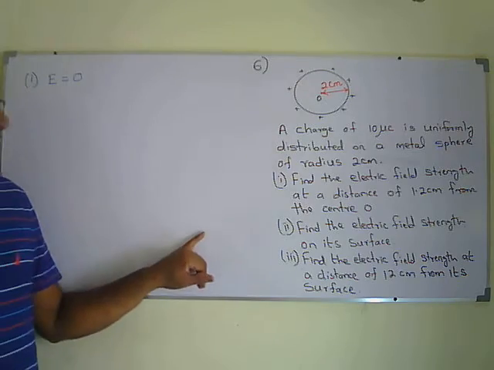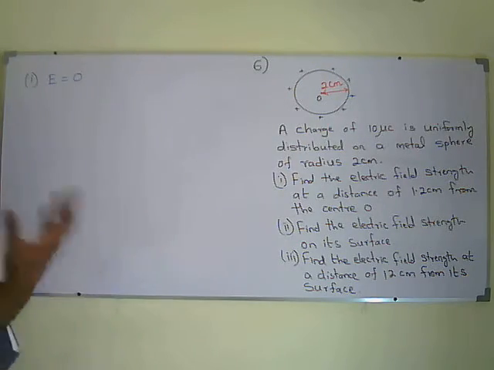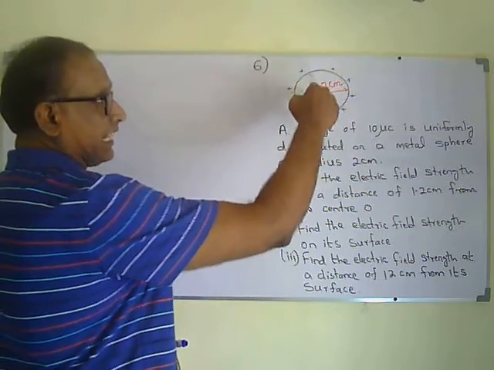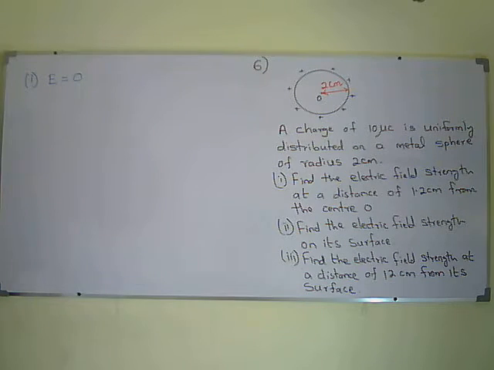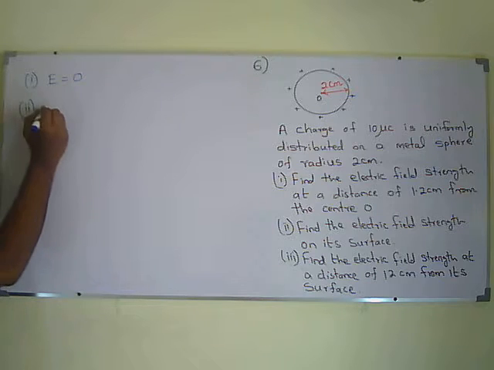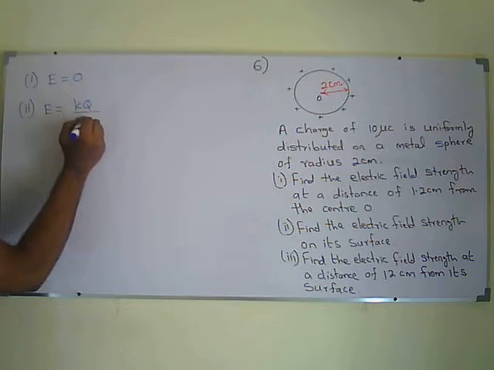Second part, find the electric field strength on its surface. I already told that the whole charge is concentrated at its center. That's the way we take based on Gauss law, though the word Gauss law is not in the syllabus. So E equals kq over r squared.